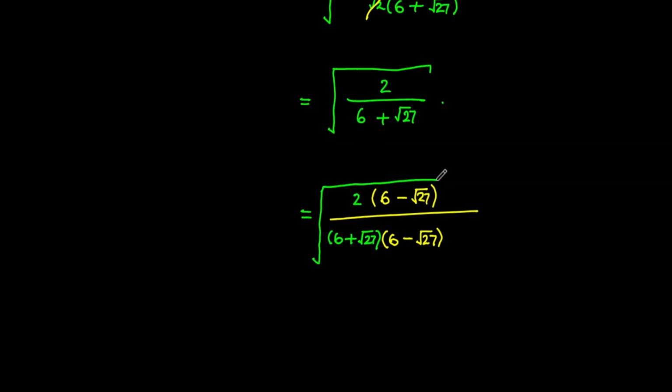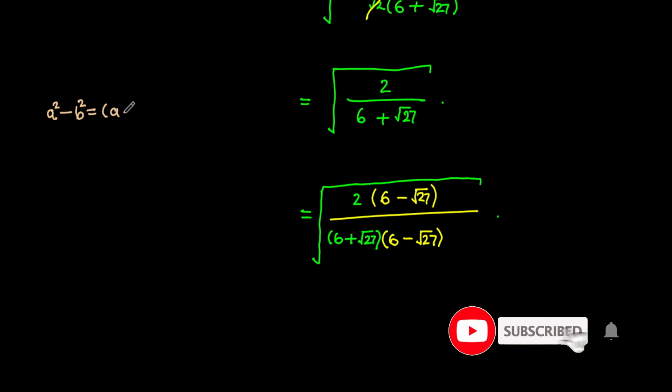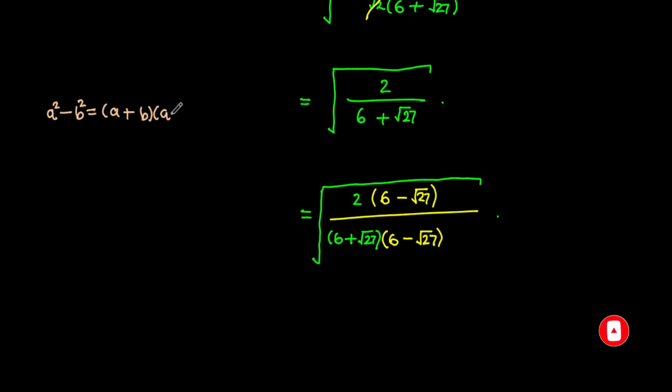So let's go on and simplify the denominator. Now we can also see that we have this identity, difference of two squares, a squared minus b squared, and this is equivalent to a plus b and a minus b multiplied together.